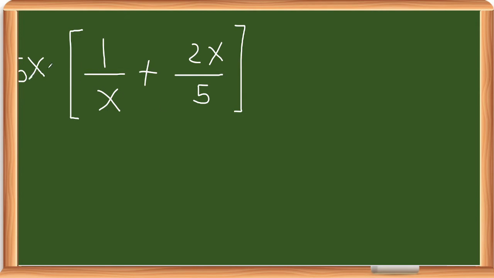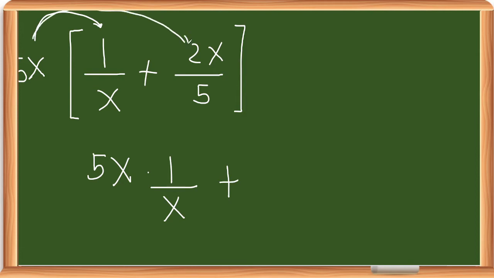We're going to multiply this here, so that means 5x times 1 over x. Using the distributive property of multiplication, we also have 5x times 2x over 5.